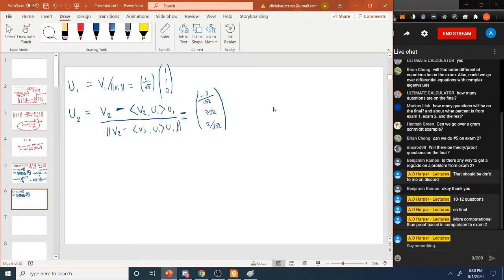So now I have to find U3. U3 here is going to be equal to V3 minus the inner product of V3 with U1 times U1 minus the inner product of V3 with U2 times U2.